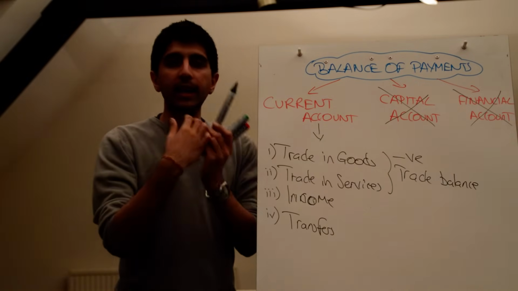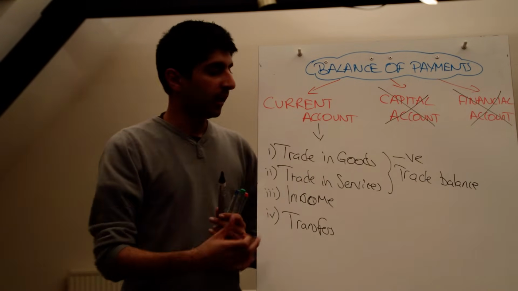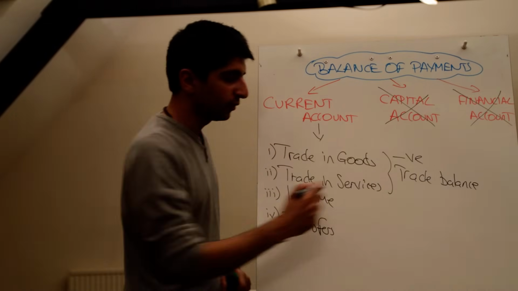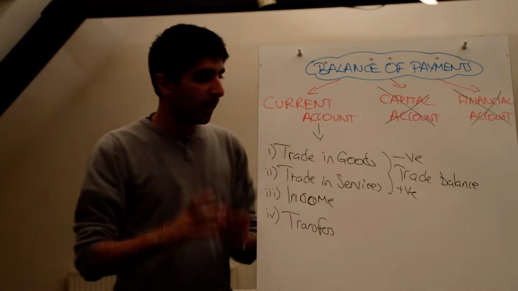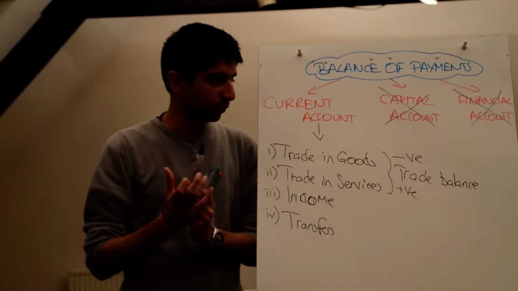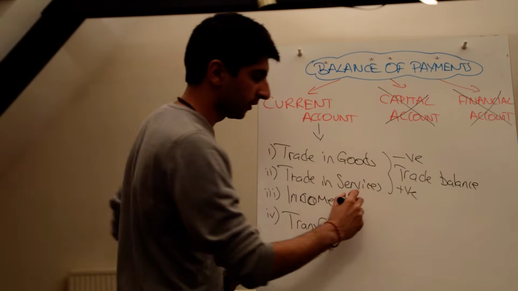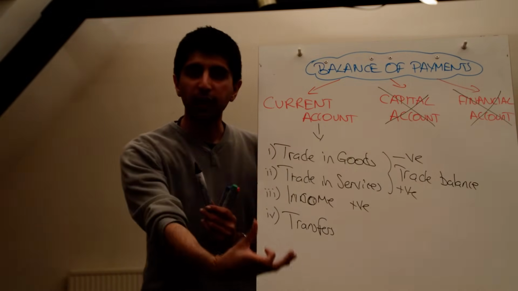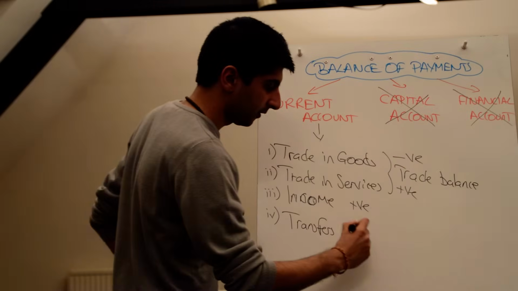More money is entering the country from the export of services than money leaving the country through the import of services. So for the UK, that's positive. For income in the UK, more money is entering the country than money leaving the country via income. So that's positive. And for transfers in the UK, more money is leaving the country than is entering the country via transfer, so that's negative.